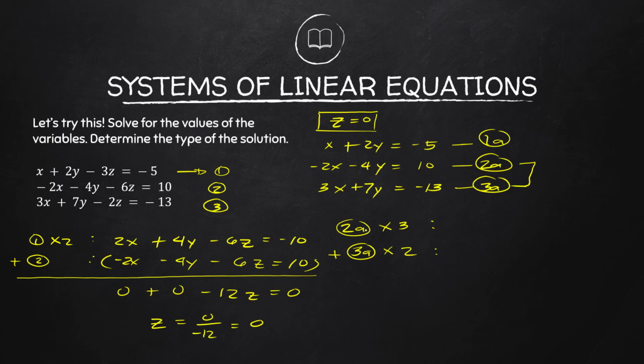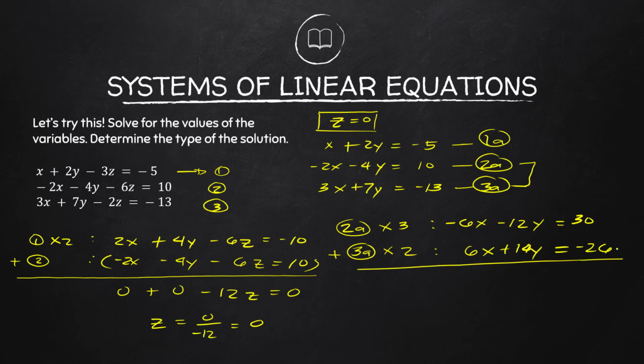If you do that, 3 times negative 2x will become negative 6x, negative 4 times positive 3 is negative 12y, equal to 3 times positive 10 is positive 30. Equation 3a times 2 will become positive 6x plus 14y, and this is equal to negative 26.